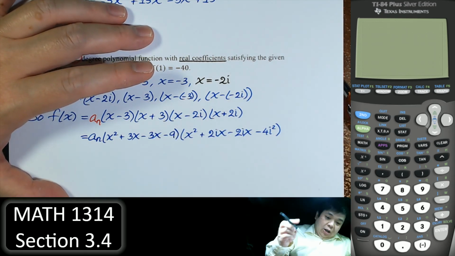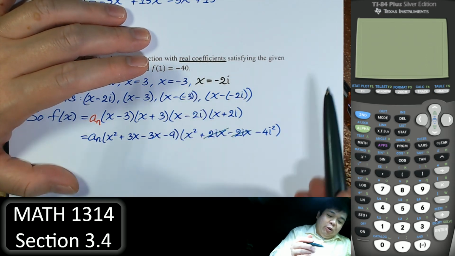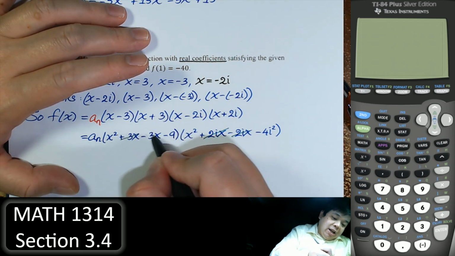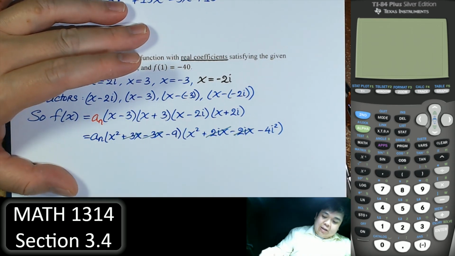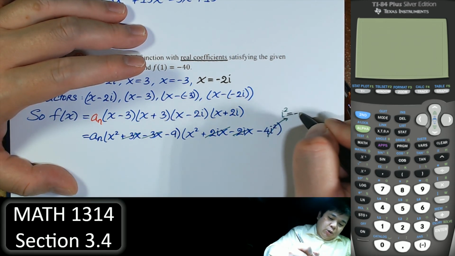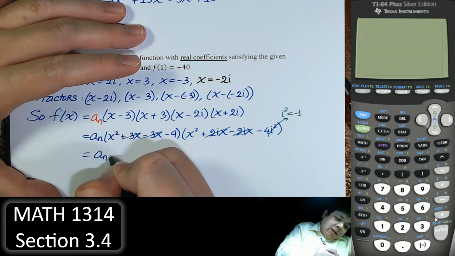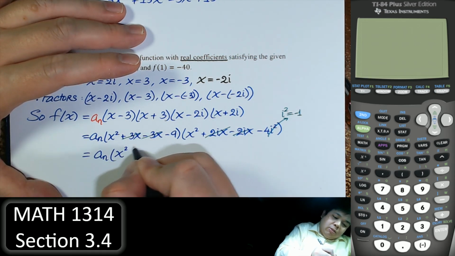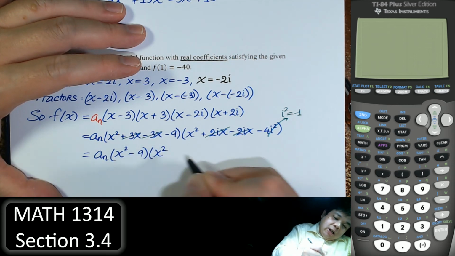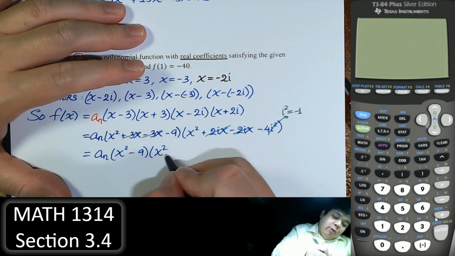The good thing is, this always cancels because we only have real coefficients. And here i squared is equal to negative 1. So we have a sub n times x squared minus 9, and then x squared minus 4 times negative 1, negative 1 times negative 4, so that's just plus 4.